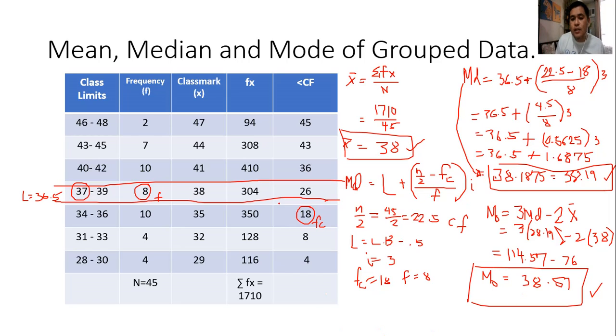So that is now the mean, the median, and the mode of this group frequency distribution. So you see from the raw data, you constructed a frequency distribution table, and then you compute for the measures of the central tendency.